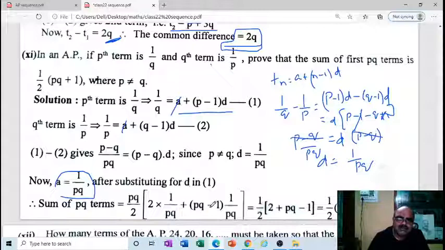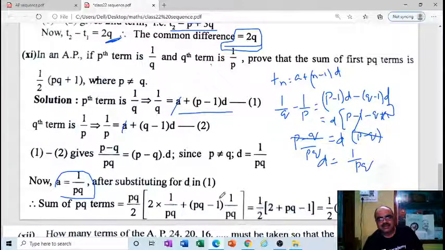That's the formula. 2 into a is 1 by pq, substituted, plus n minus 1 into d is 1 by pq. If I open this bracket, 1 by pq into this, pq cancels, minus 1 by pq, minus 1 by pq. This plus 2 by pq is equal to p plus q by pq by 2. Okay.